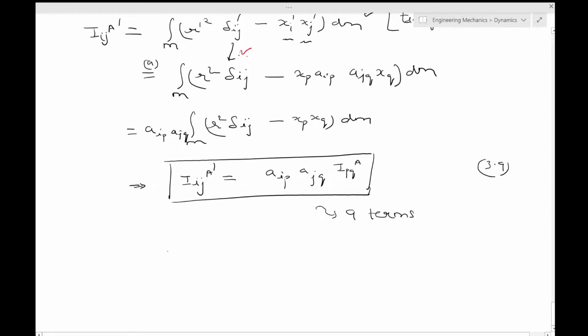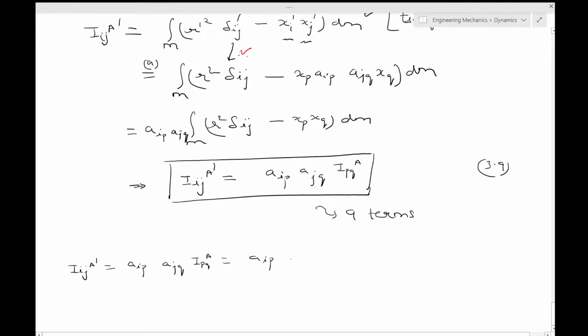So I want to write this in the matrix form. It is equal to a_ip, a_jq, I_pq.